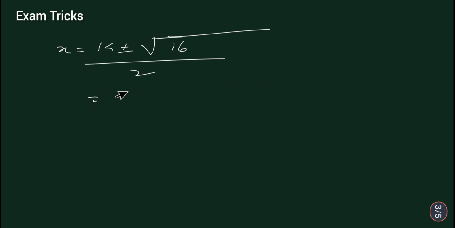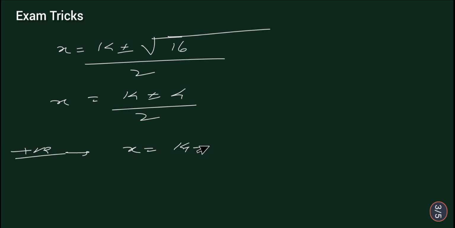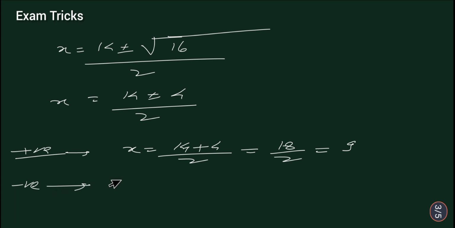So 14 plus minus square root of 16, that is 4, divided by 2. If we take the positive sign, x is equal to 14 plus 4 divided by 2, that is 18 divided by 2, which means 9. And if we take the negative sign, x is equal to 14 minus 4 divided by 2, that is 10 by 2, which means 5, right?